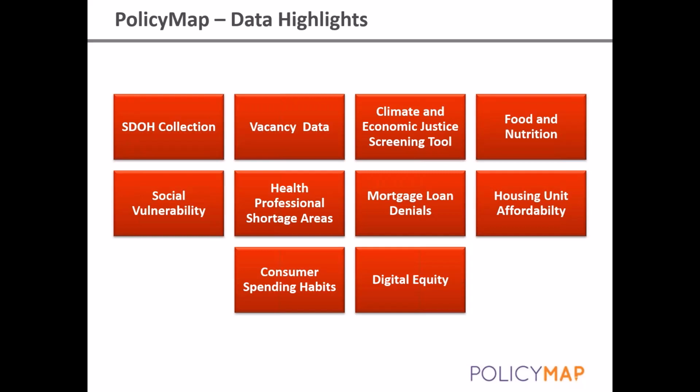Another important area that we'll look at is some of our vacancy data, which we license from Valassis Lists. And it's really an important mapping tool because it reveals data about housing market health. It shows if there's too much or too little housing. It spotlights gentrification or decline within an area.